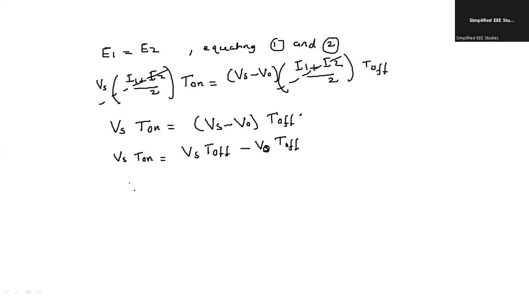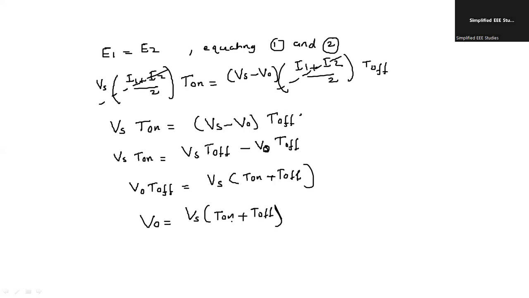I'll write V naught into T off, that is nothing but Vs into (T on plus T off). So V naught can be written as Vs into (T on plus T off) divided by T off.